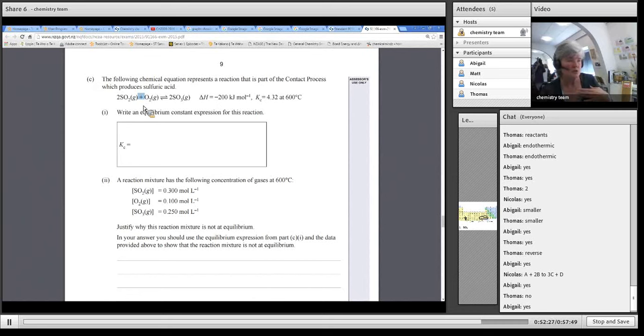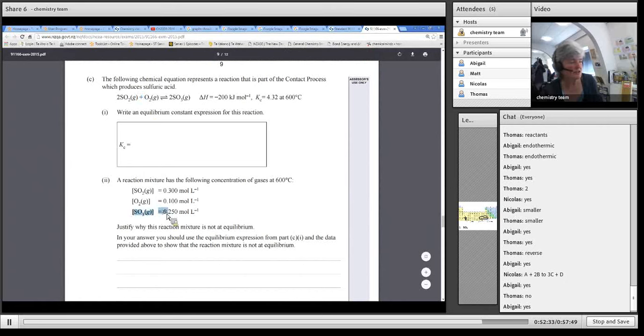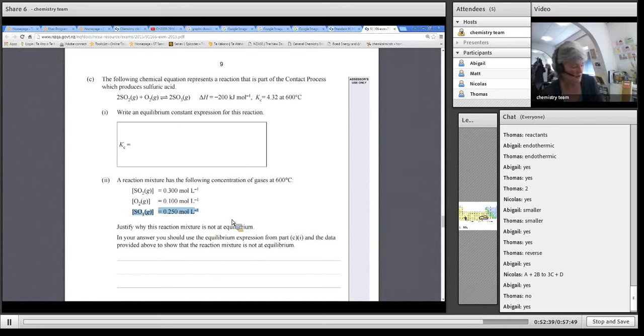So do you agree it'll be SO3 squared? If you did the calculation, what do you come up with? It's 0.25 times 0.25, because you've got to square it. So I get a figure for my numerator of 0.0625.